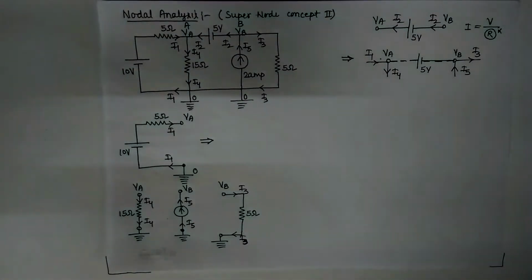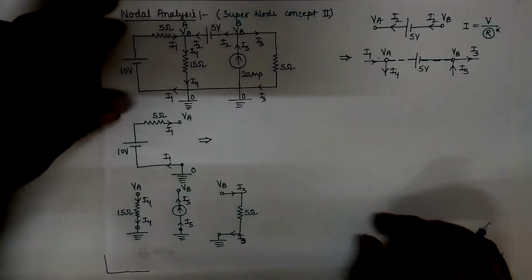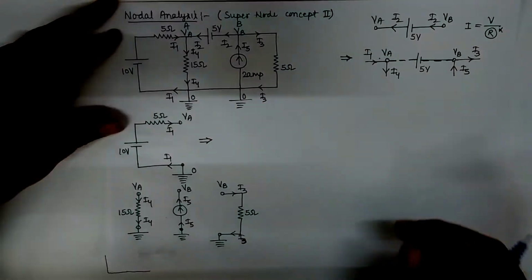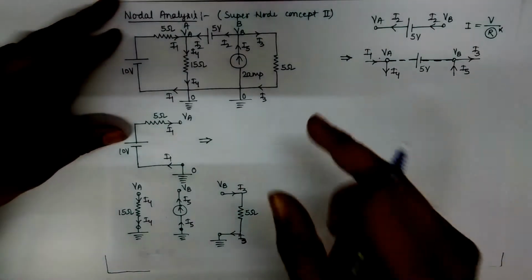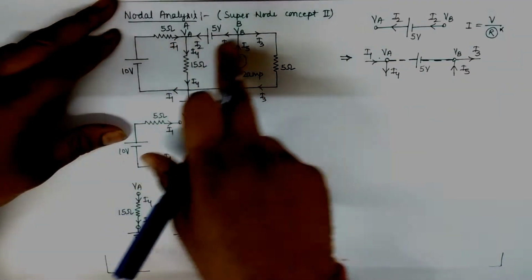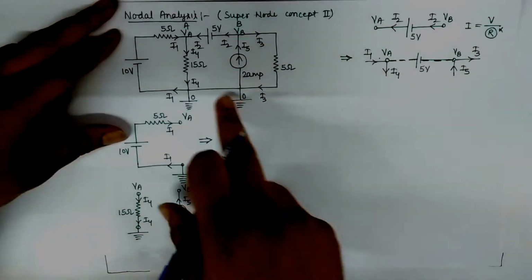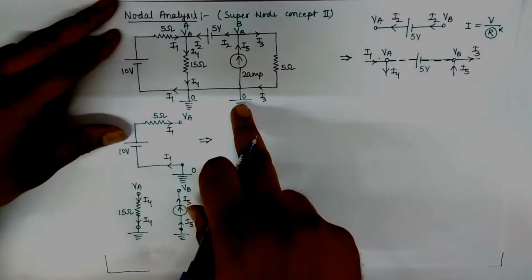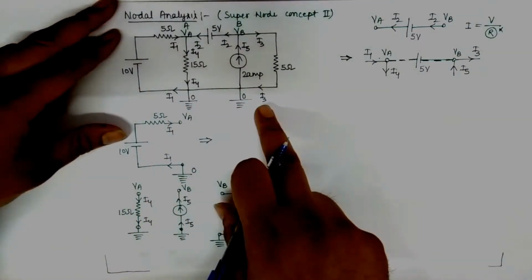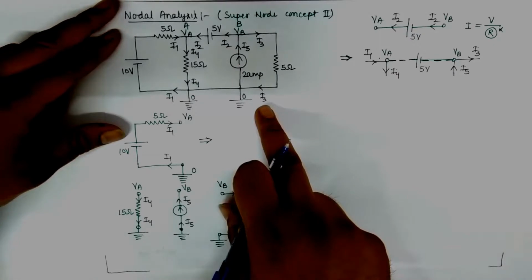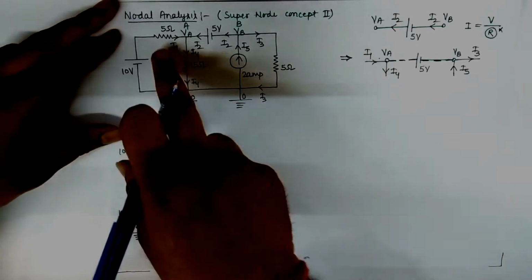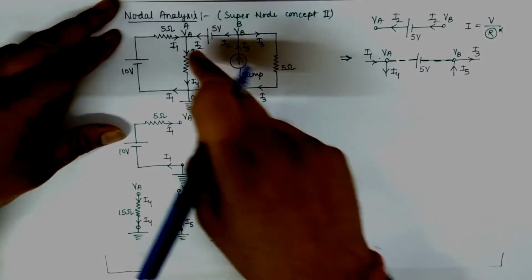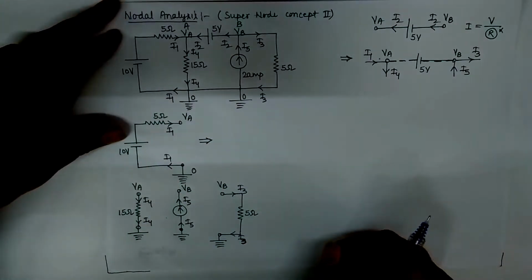Now we solve this question using nodal analysis, and we see the concept of super node type 2. First of all, we consider A and B as two nodes, and here there is no element connected, so these two points are the same, and we consider it a reference node. So we consider I1, I2, I3, I4 and I5 in this way.